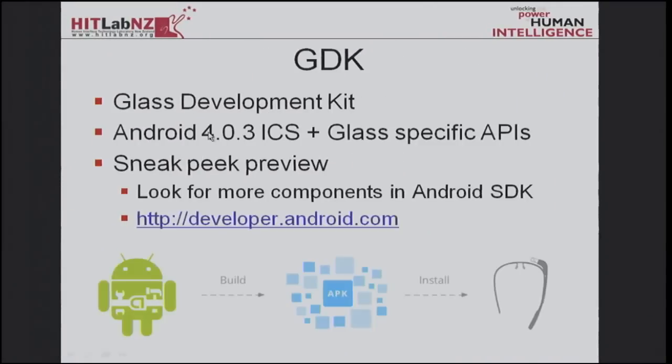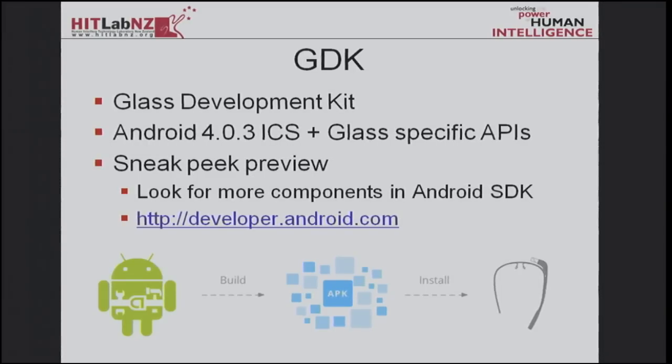So to wrap up, GDK is mostly Android 4.0.3 and has some additional APIs to be more friendly with the Glass UI. It's still a sneak peek preview version, so as I mentioned earlier, there could be some missing features, so please be aware of that.